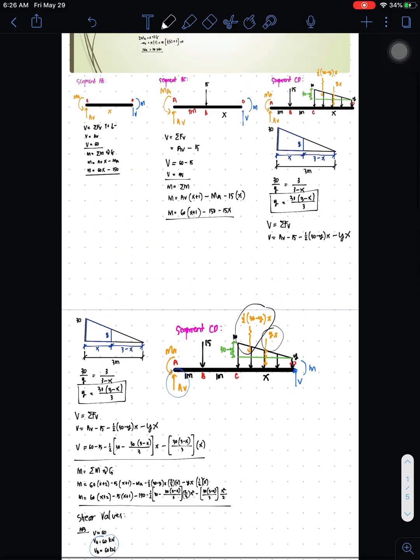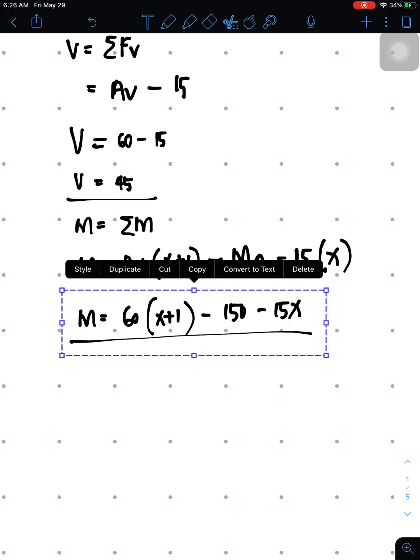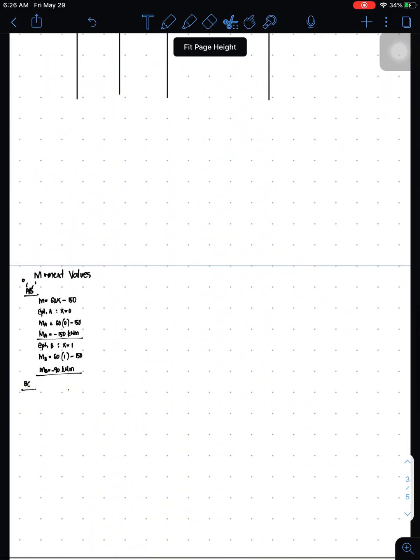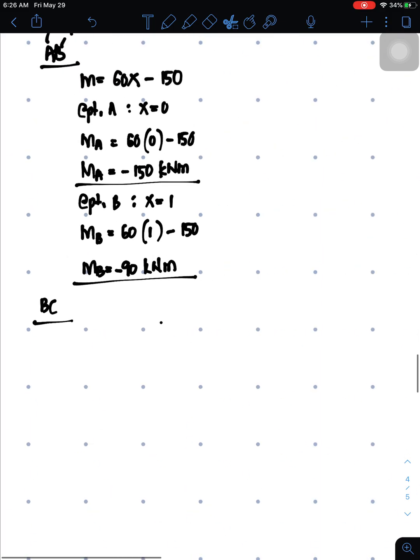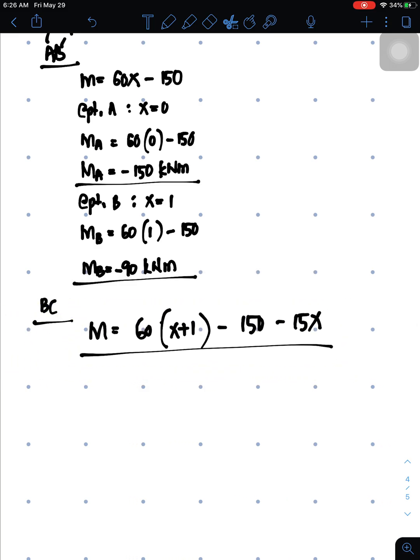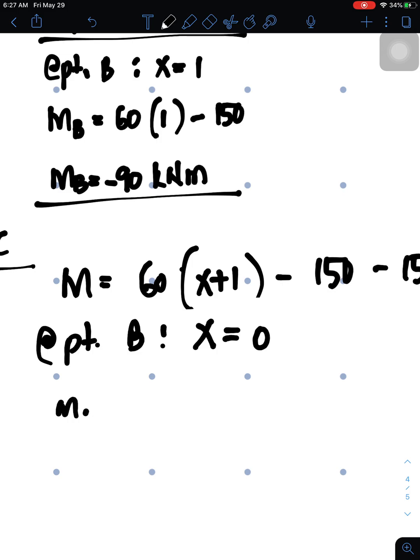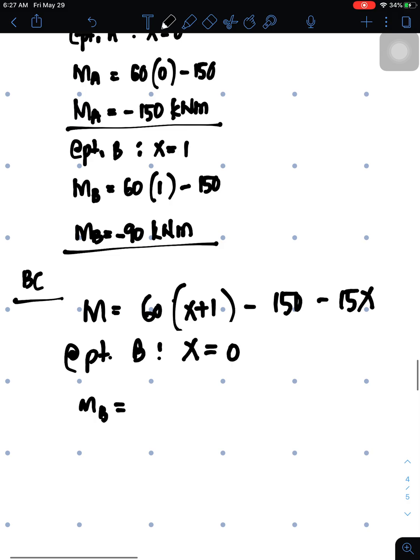For segment BC, the equation is this one. So, kopyahon na lang ako. Copy. And then, I'll paste it here. And then, at point B. So, first, x is 0. Then, MB, we're expecting a value MB to be negative 90.